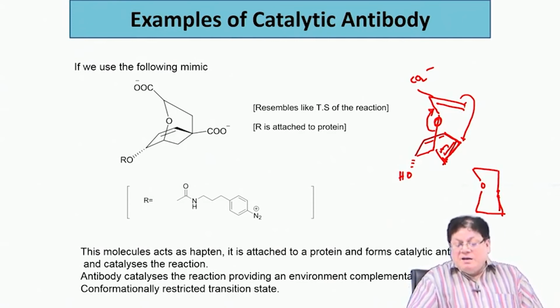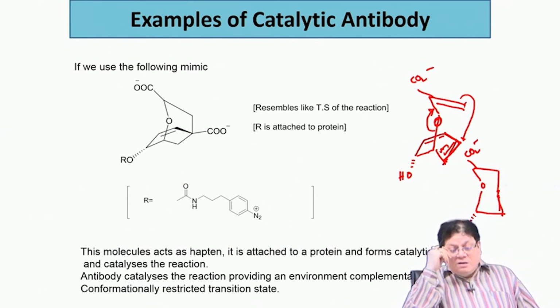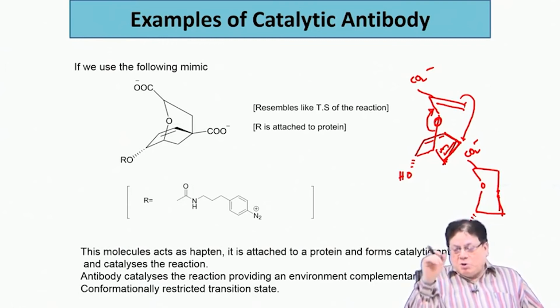So, it's a chair-like transition state, the intermediate chair-like transition state that is involved in this process, and that is true for all 3,3 sigmatropic reactions. They go by chair-like transition state. There are reactions which are Claisen rearrangement, that is a 3,3 sigmatropic shift.